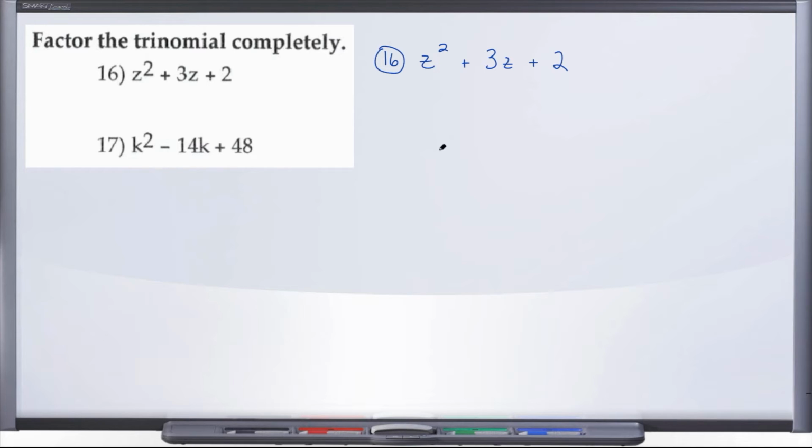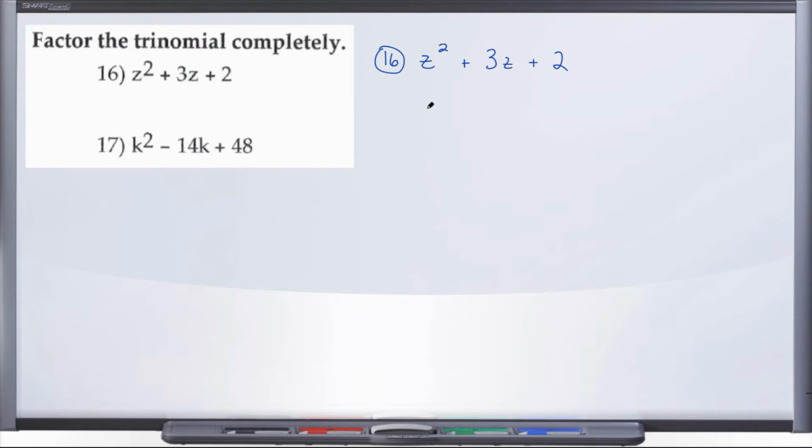But let's take a look here. So we have z squared plus 3z plus 2. And actually with 16 and 17, these aren't too bad because whenever the coefficient in front of your squared term, or variable rather, is 1, which it is here, right? It's kind of that invisible 1. These really become easier the more you do, and you'll be able to, I promise you, the more of these you do, if you go through your homework, go through this practice test, you will be able to start doing these really even in your head.